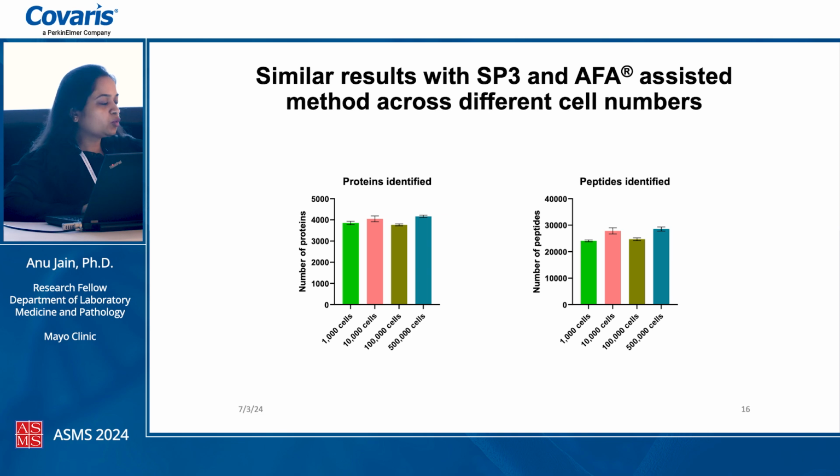And in terms of number of proteins and peptides identified, we found similar results across the range of cells. Close to 4,000 proteins were identified at the 4 cell levels, and these were reproducible across the replicates, and similar observations were made even at the peptide level.